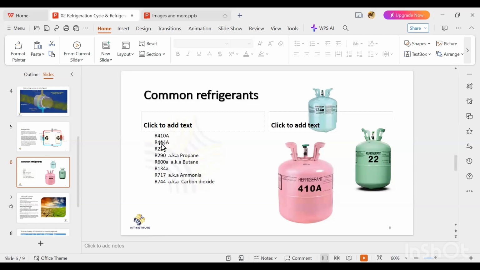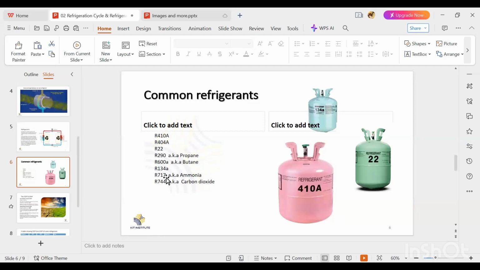When you see a 400 series figure, that indicates this refrigerant is a mixture. It has more than one chemical mixed together. Then when you see a figure that only has two digits, like 22, it will have only one refrigerant.